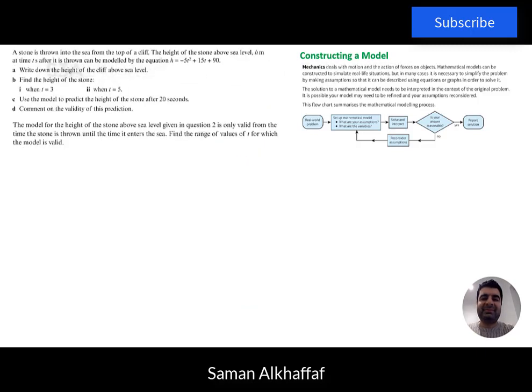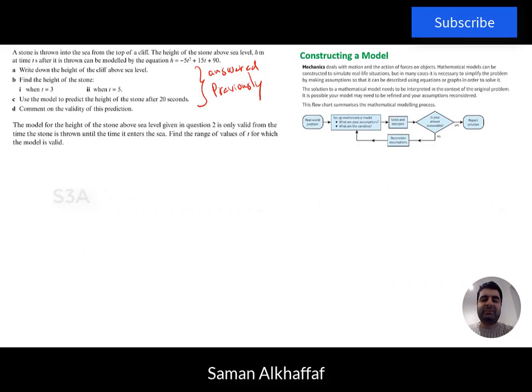In this example, we have also answered the parts A, B, C, and D previously. And in this part, we're mainly looking at the model for the height of the stone above sea level, given in the previous question, which is shown here.